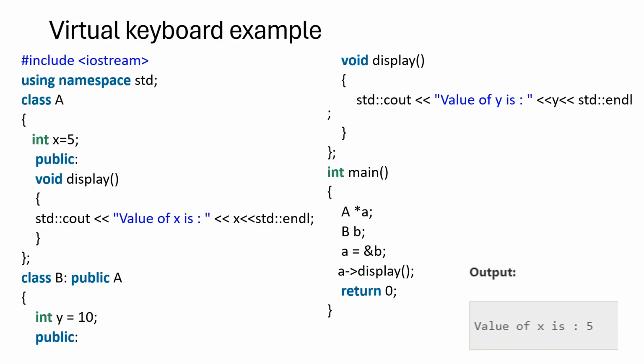Since in C++ the base pointer is permitted to point to any object derived from the base class, it cannot directly access the members of the derived class. So with the virtual function, we allow the base class pointer to access the members of the derived class. Then we display the value of x, which is 5.